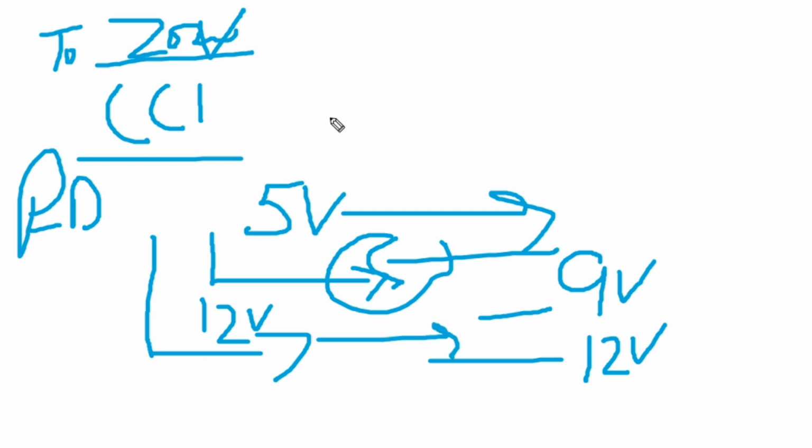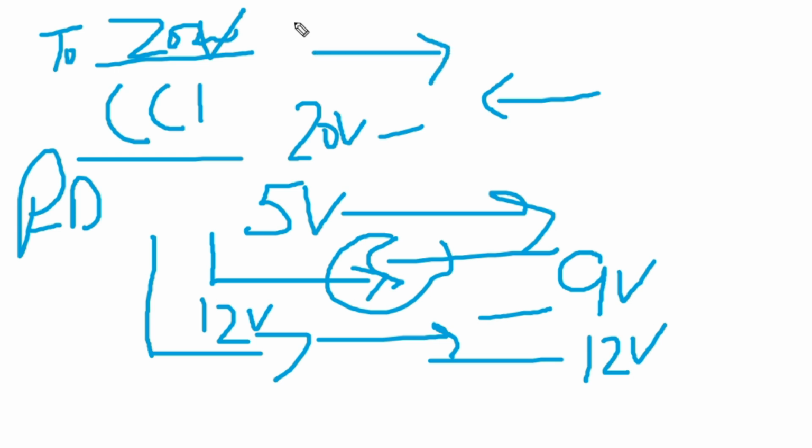Let's suppose your phone works on 20 volt. Then this charger has a PD circuit, power delivery circuit, installed. So it produces 20 volt and gives it to your phone, and after that your phone enables fast charging.